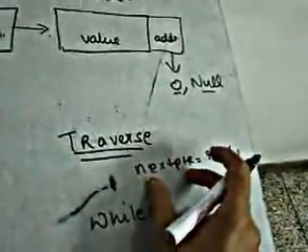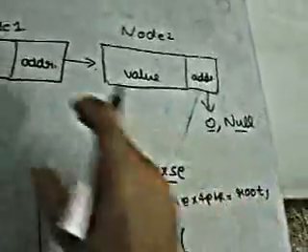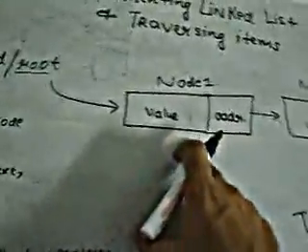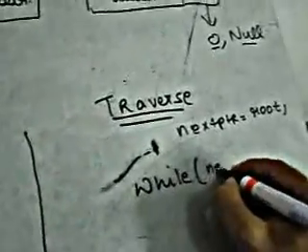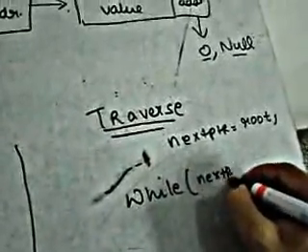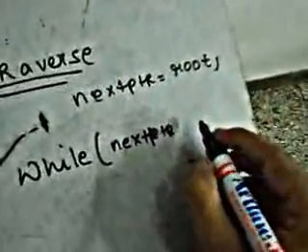Now I have given the next ptr the starting address of node 1. While next ptr is not equal to null or 0, because I have put 0 here, I have to traverse the items.